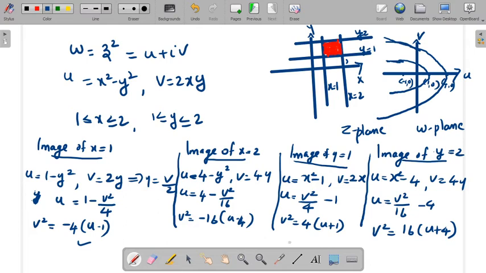And see, the coefficient of u is positive. That means it is open towards the right. And we know when you take y square equal to 4ax, that 4a represents the latus rectum of the parabola. That is the length we take, or the size of the parabola.